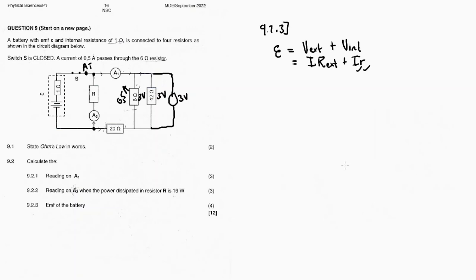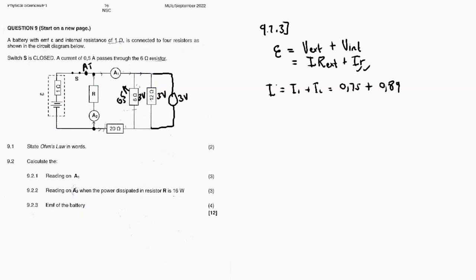So I will make I equal to I1 plus I2. I1 is 0.75 plus I2 is 0.89. So you calculate here.